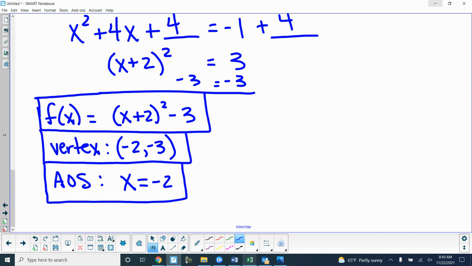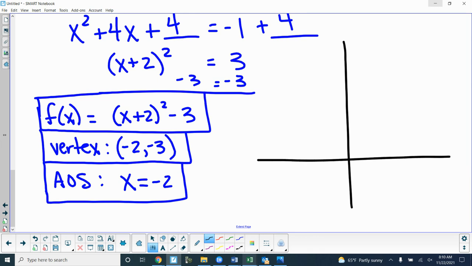Okay? And then you're supposed to sketch the graph. Okay? So, let's see, -2, -3. Does this open up or down? Up, right? Because my A value is positive. So my axis of symmetry, you don't have to make the marks, but it goes through -2. -2, -3 is right there, let's say.